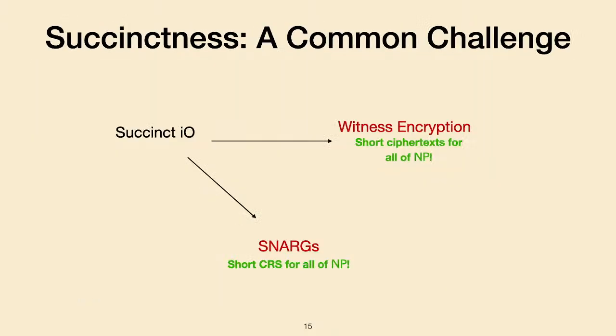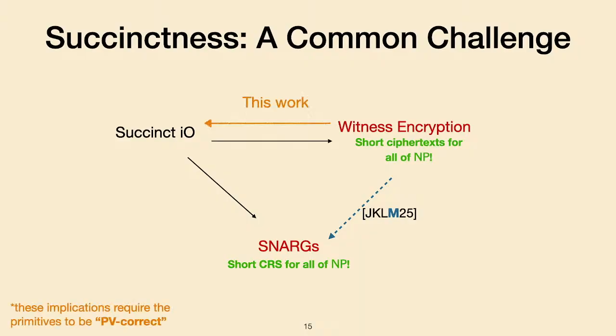OK. So looking back at this picture, if we have succinct I/O, we have all these things. And then in a previous work, we actually showed that witness encryption implied snarks for NP. So if you had short ciphertext for the witness encryption, you also get short CRS for the snarks. But this work, we're saying we can also do that direction. Yeah, you can go from witness encryption to succinct I/O. So from succinct witness encryption to succinct I/O.